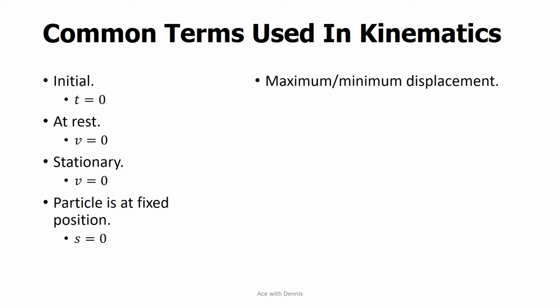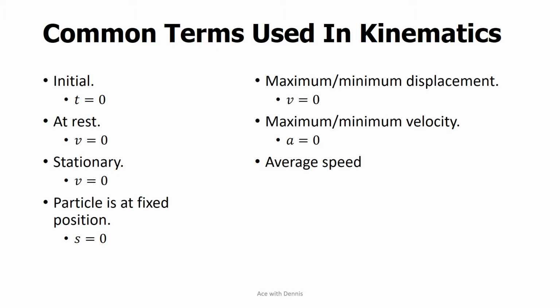Maximum or minimum displacement. It means that v equals 0 because ds over dt equals 0. Similarly, for maximum or minimum velocity, the acceleration equals 0 because when velocity is maximum or minimum, dv over dt equals 0.